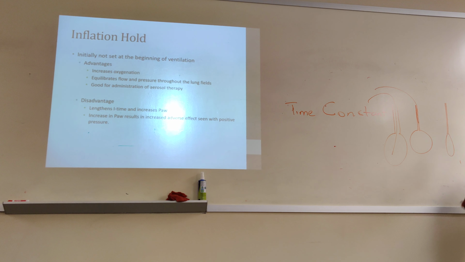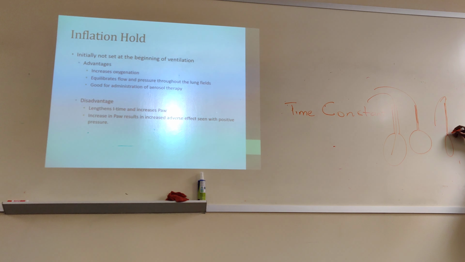See that? Then you come to this one here, it's got high resistance, so you're going to have a hard time for the gas to come in, and then it has low compliance. If it does come in, it goes. So it will fill up very quickly and then exhale very quickly.